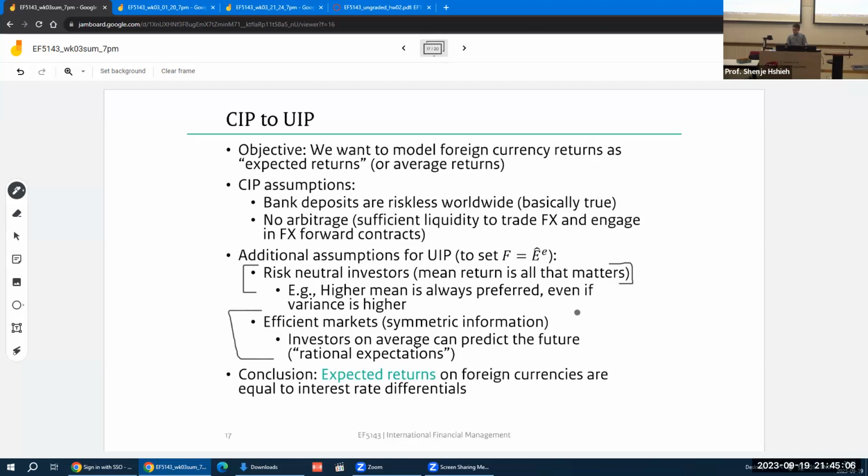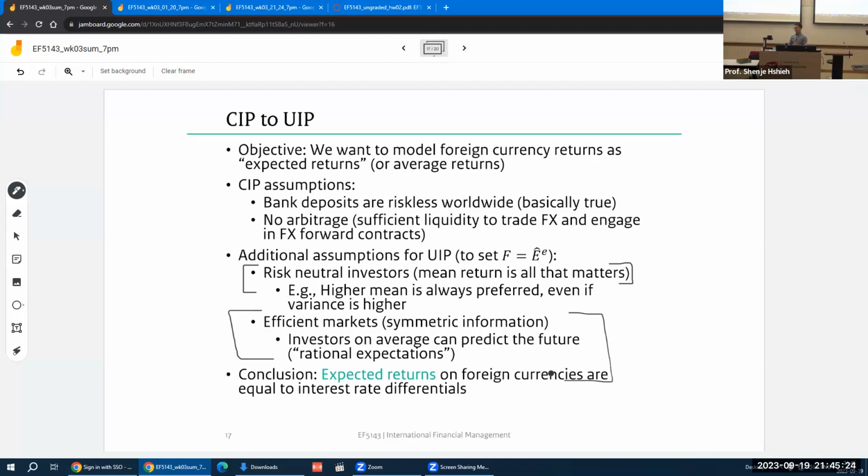The second assumption is efficient markets. Efficient markets means specifically that information is perfectly aggregated by the financial markets, right? There's no such thing as privileged information. There's no such thing as private information.